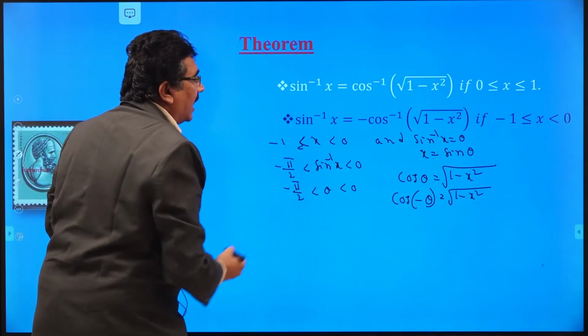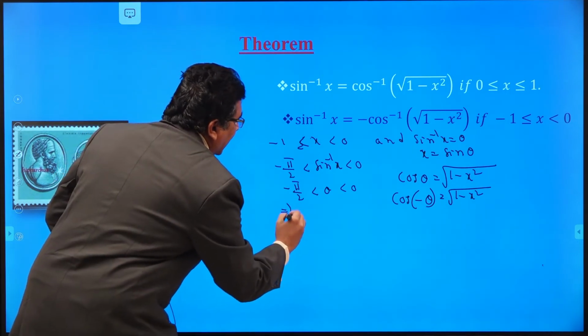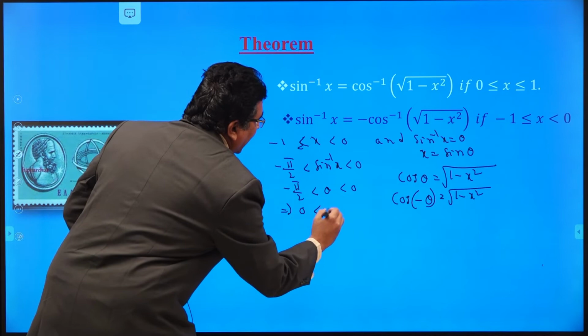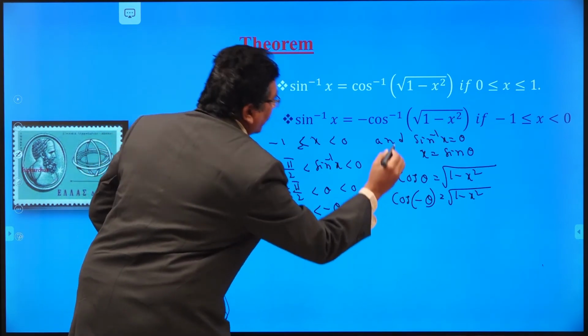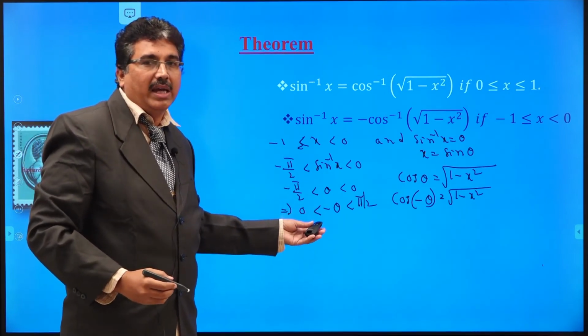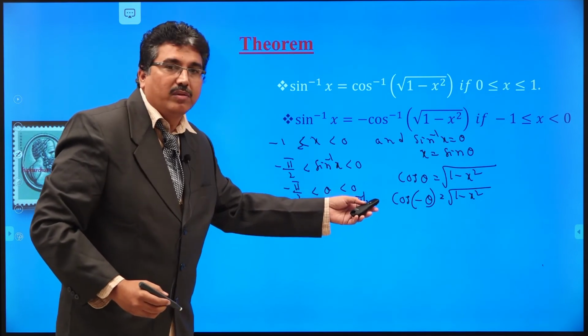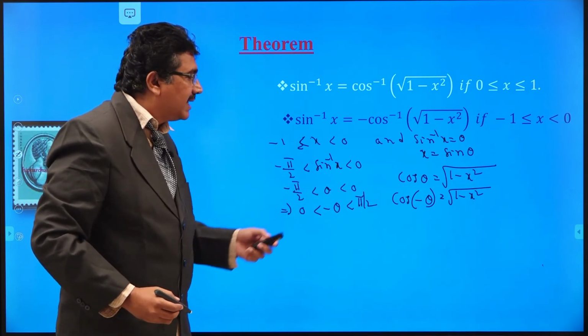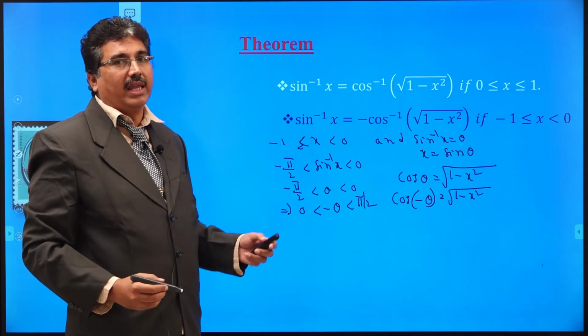Multiply by the minus sign in this inequality. That implies 0 is less than minus theta is less than pi by 2. Now this is the domain of cos, and cos of minus theta is equal to square root of 1 minus x square.